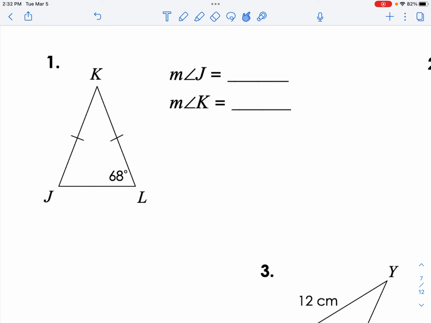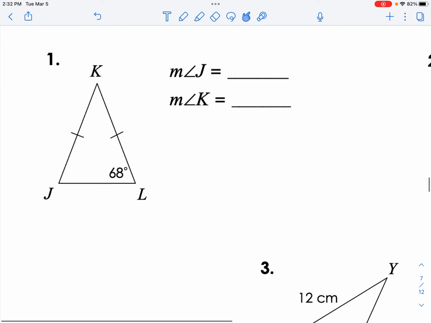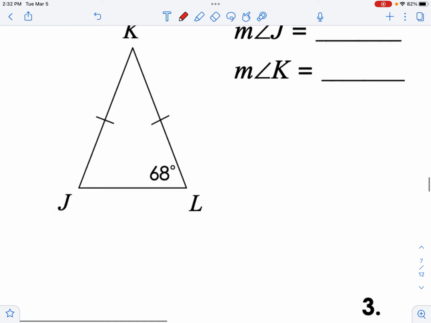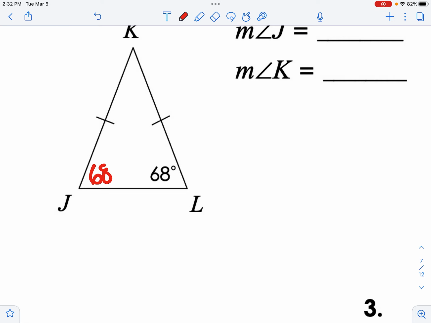Well, since it's isosceles, we know the sides and the angles across from each other should be congruent. So these two are across from each other, and these two are across from each other. Since the two sides are congruent, that means this angle and this angle have to be congruent. So that means J has to be 68 degrees.